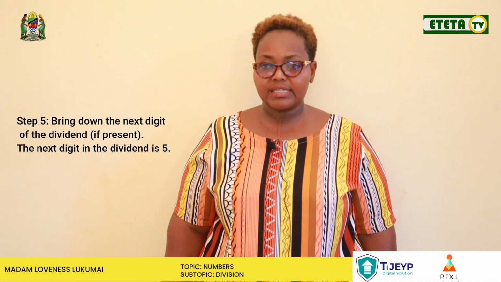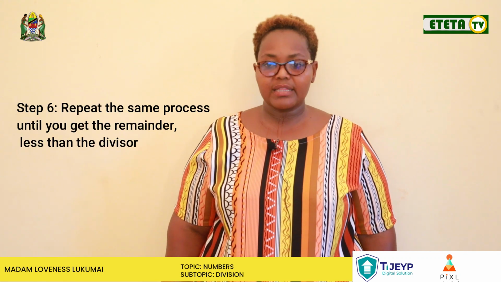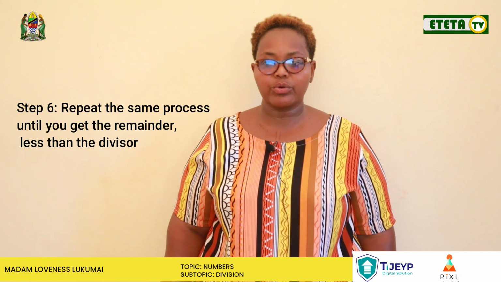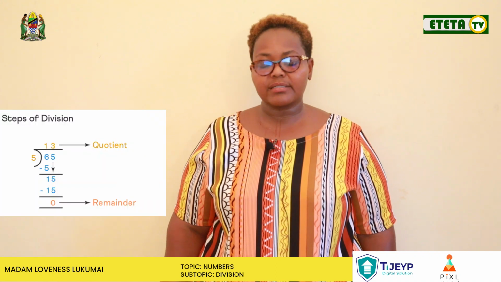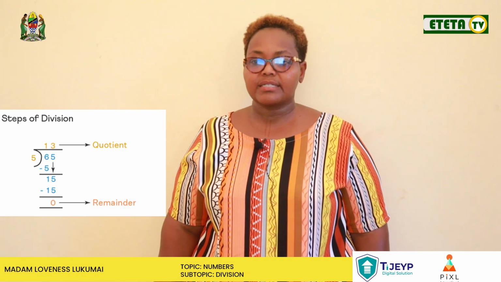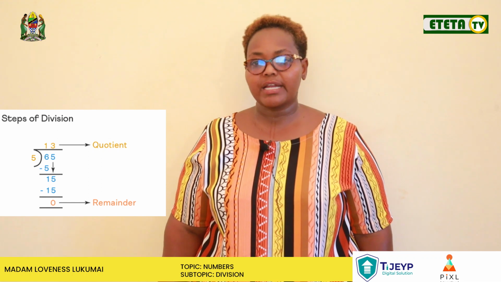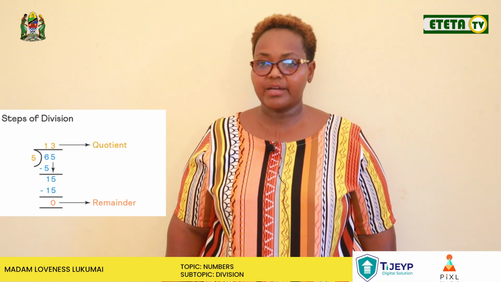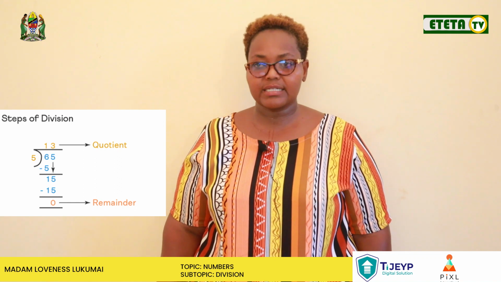The next digit in the dividend is 5 in our question. Repeat the same process until you get a remainder less than the divisor. So we follow the steps and divide, and 65 divided by 5, the answer will be 13.